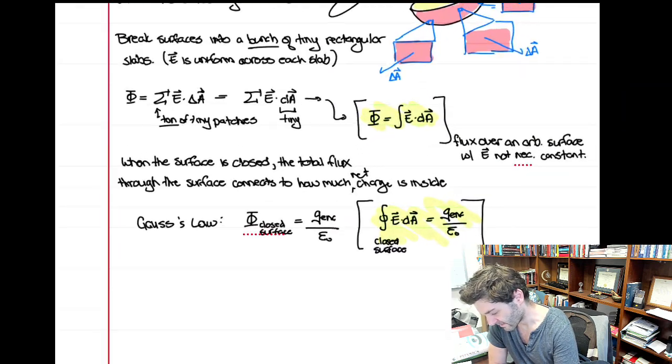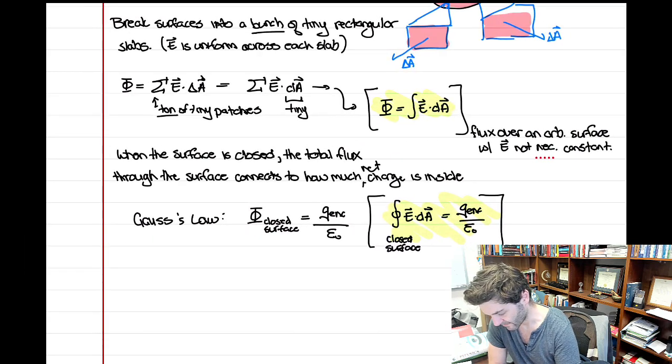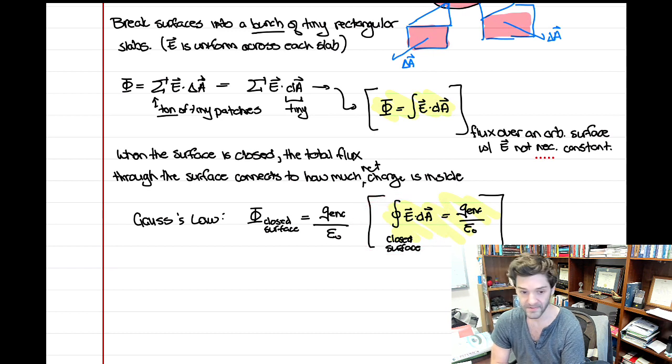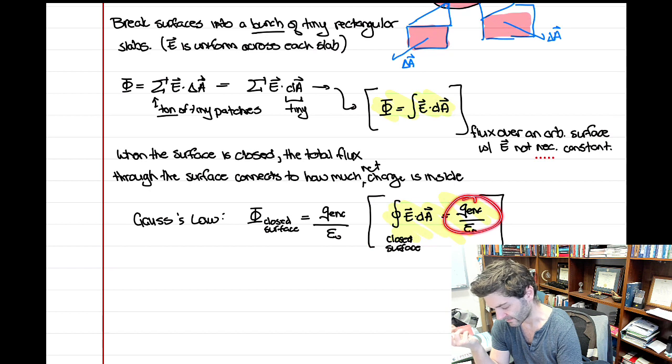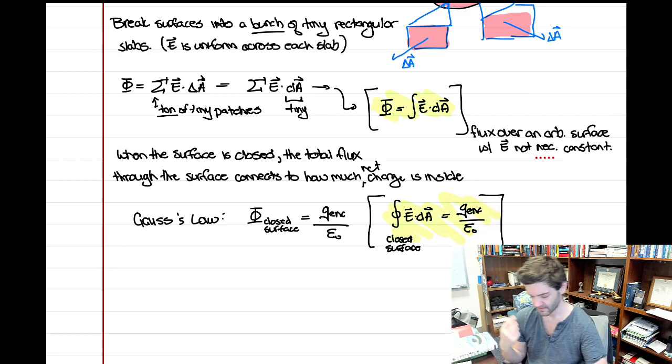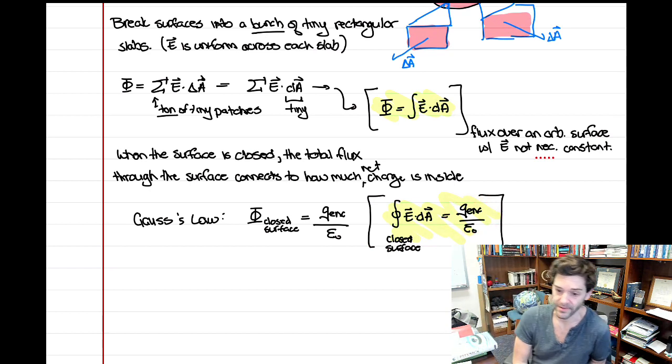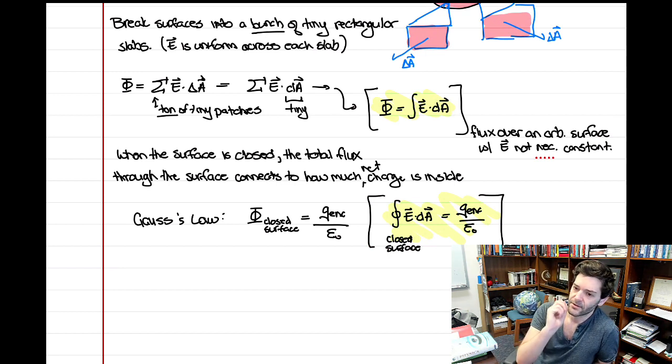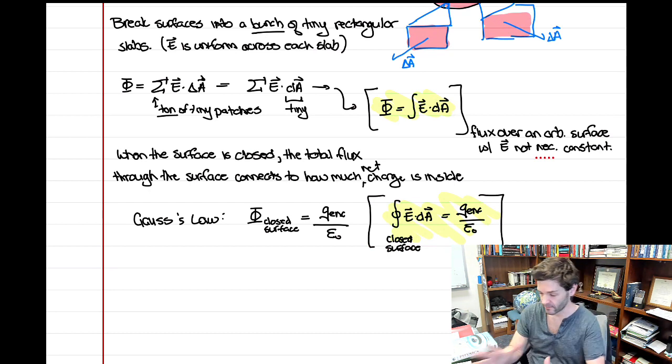Now we can make it a little bit more sophisticated in that we have a more quantitative, more physical definition of what I mean by flux, and that indeed relates to the amount of enclosed charge within that surface. Which again, is incredibly powerful, but very abstract, because these surfaces don't even have to be real physical surfaces.